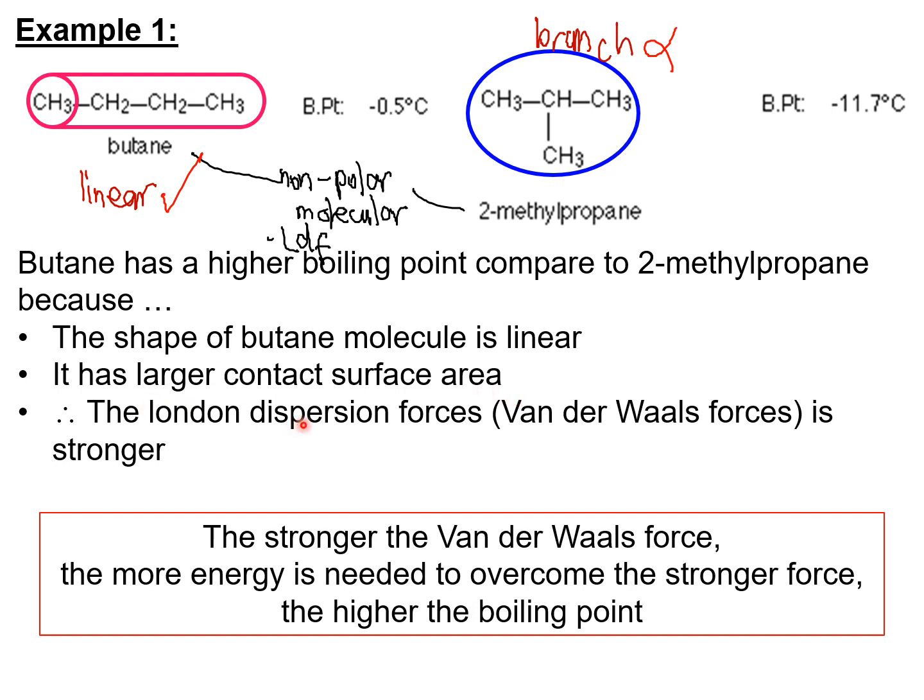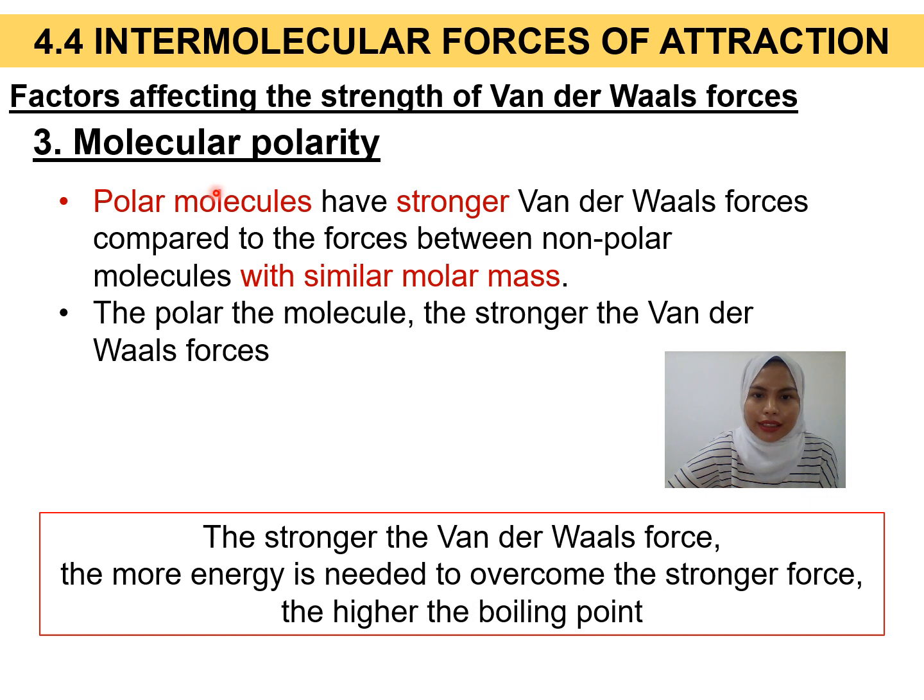Therefore, dia punya van der Waals forces pun akan stronger. Ataupun we know that diorang punya type of van der Waals forces adalah London dispersion forces. So bila van der Waals forces stronger, therefore more energy is needed to overcome the stronger force and the boiling point will be higher.